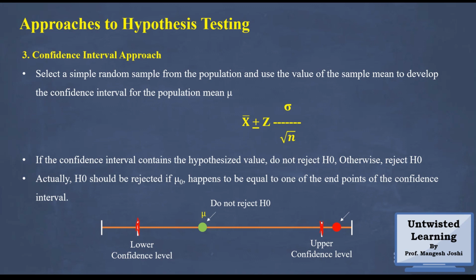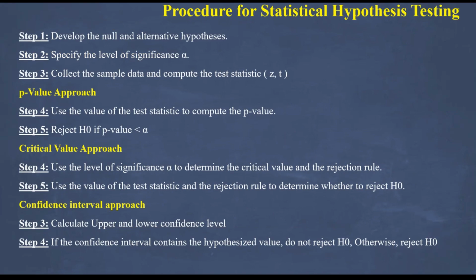If the value of mu0 happens to be in between the lower confidence level and upper confidence level, you accept the null hypothesis, that is, do not reject H0. Okay, do not reject means accept. And if the hypothesized value of the population mean comes out to be greater than the upper confidence level or less than the lower confidence level, then you can reject H0. So these are the three approaches which we will be using to solve the problem.